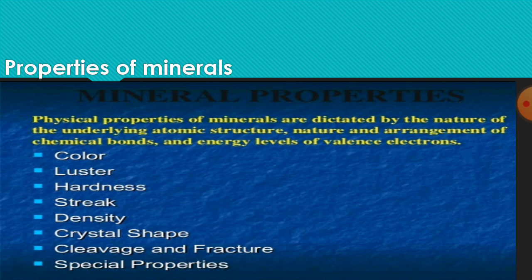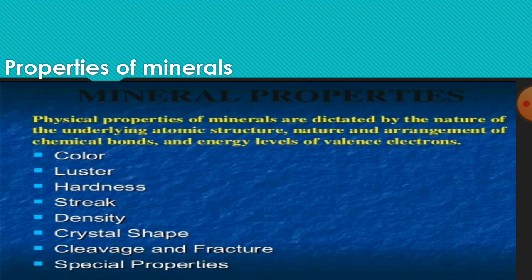The hardness of a mineral can be measured by the Mohs scale, which runs from 1 to 10. For example, talc has a hardness of 1 and diamond has a 10. Similarly, minerals can be identified by the streak, meaning the powder form of the mineral, which is visualized and compared with the solid mineral.